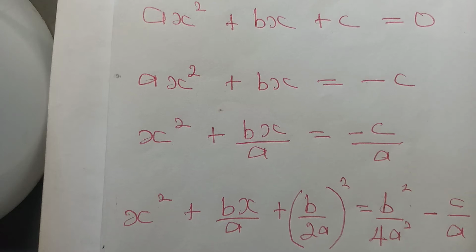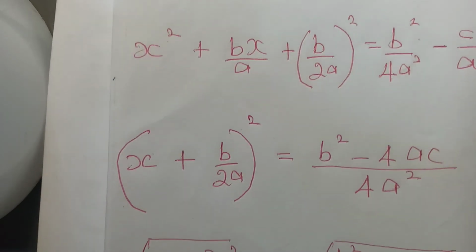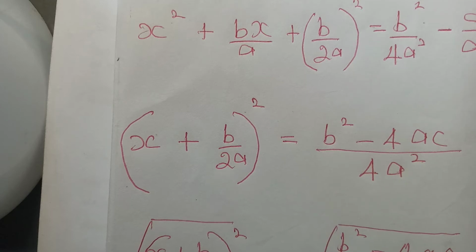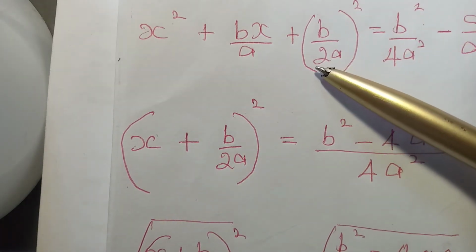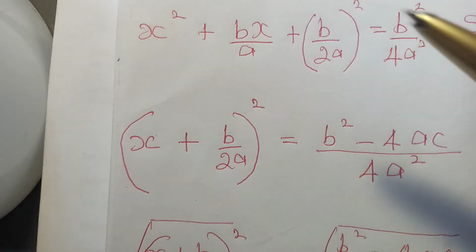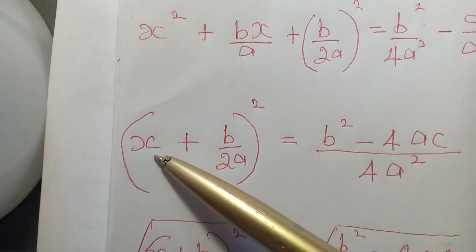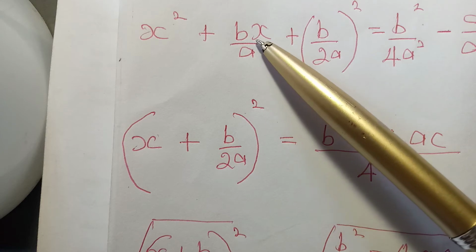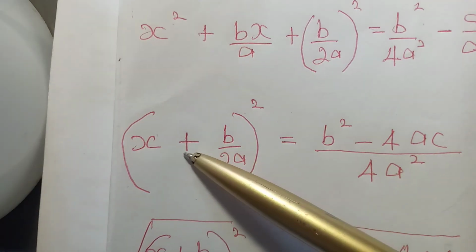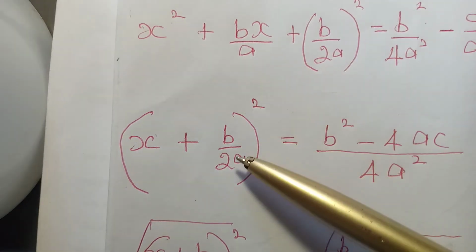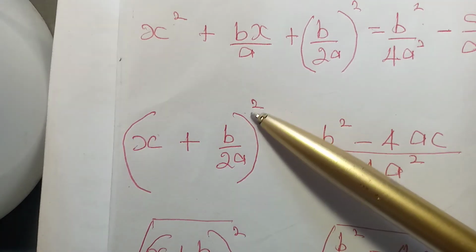So what do you do next? Now, having gotten to that level, what you do is to write this term in its short form. And to do that, you pick this x. The sign of the coefficient of x will follow, and the sign here is addition. And then you bring this one, b over 2a, then square everything.